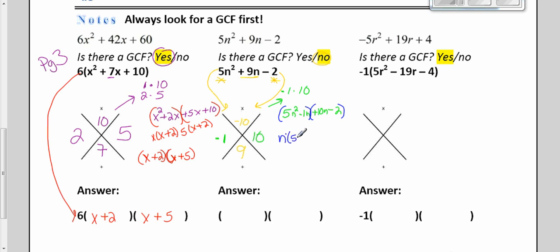So I get n times 5n minus 1. Okay, and then I'm going to pull out a positive 2 and get 5n minus 1.